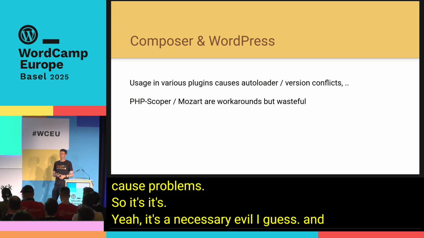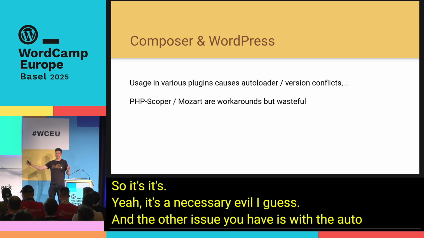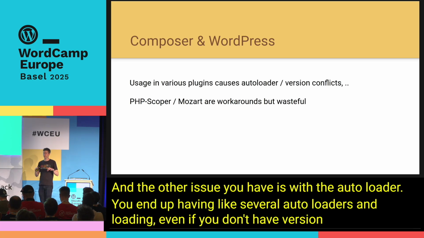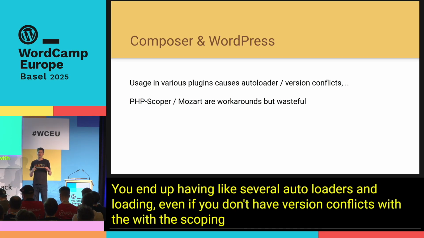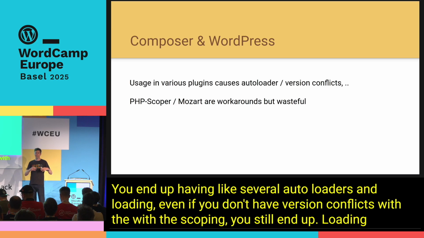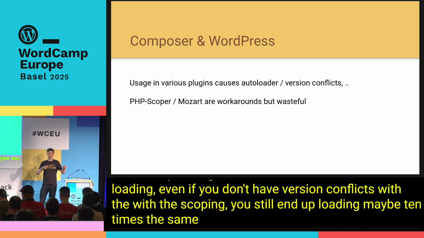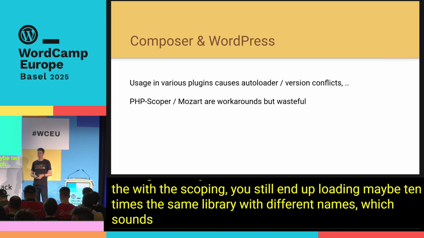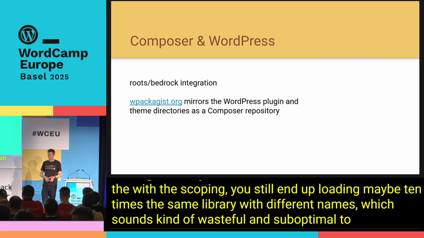And the other issue you have is with the autoloader. You end up having several autoloaders. Even if you don't have version conflicts with the scoping, you still end up loading maybe 10 times the same library with different names, which sounds kind of wasteful and suboptimal to me.